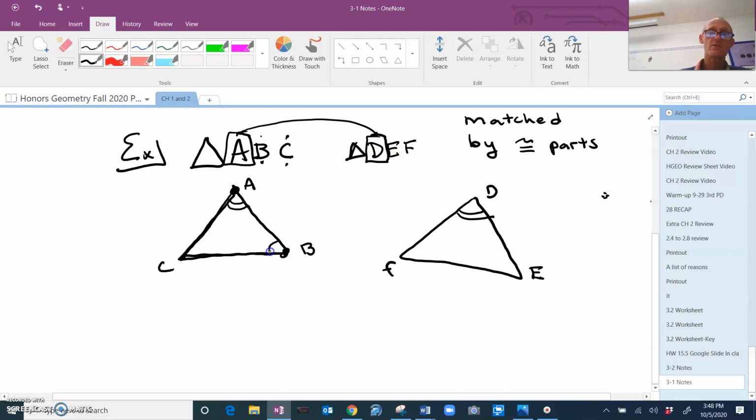Now, look at B and E. You see here? This is B and this is E. So you have to remember that you can match up the parts.